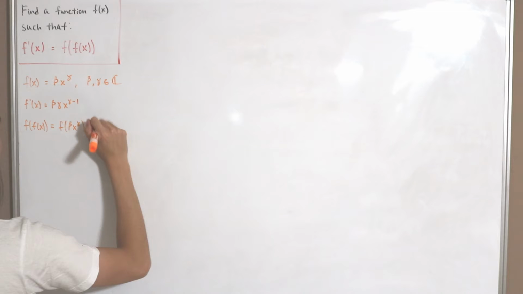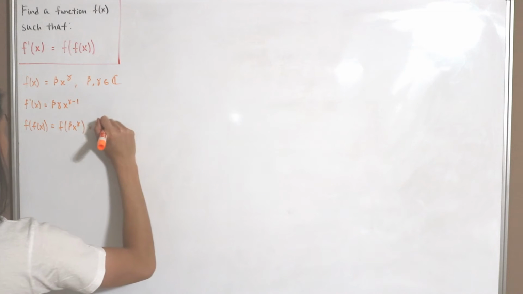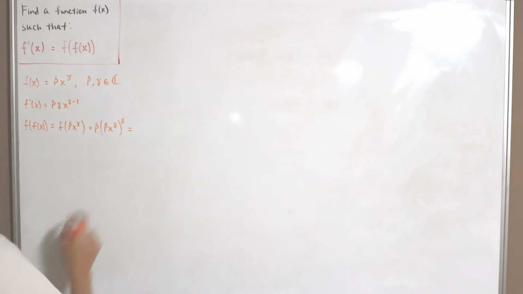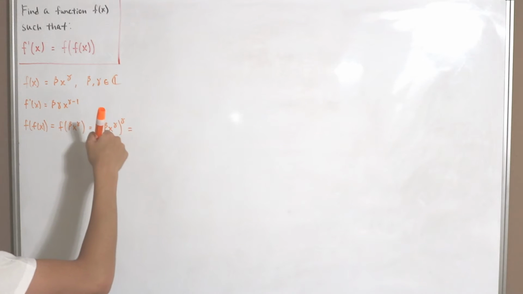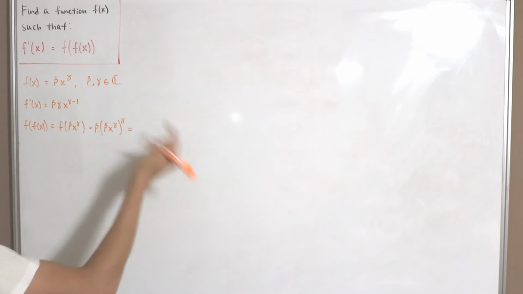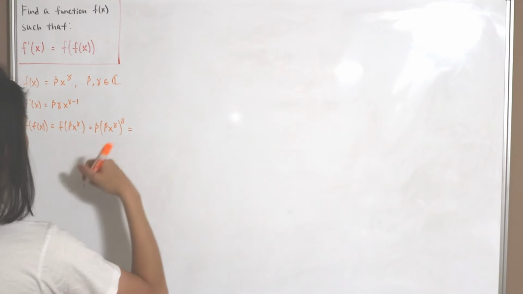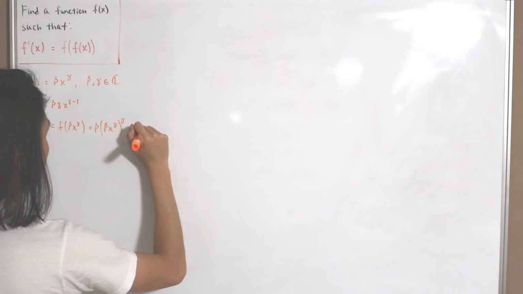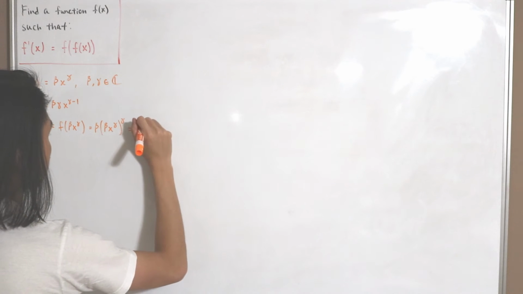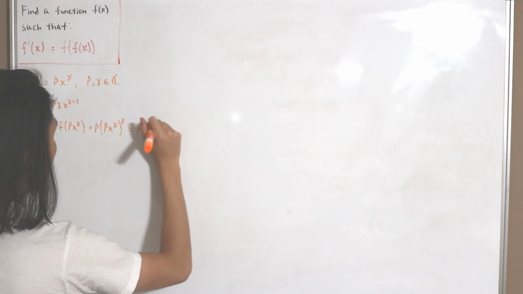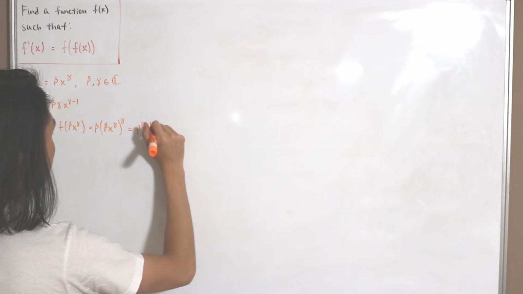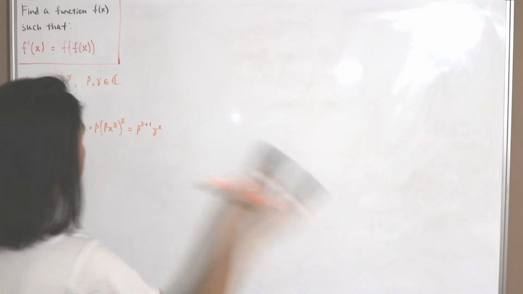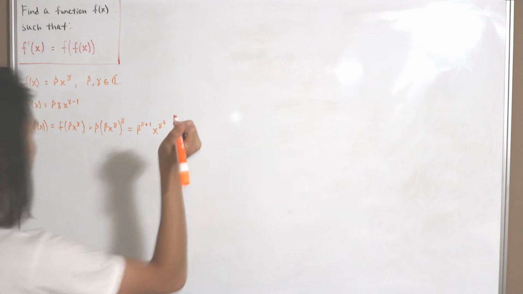So that will just be beta, then put this input back over here, and then to the power gamma. So we show the work: we have beta to the power gamma, and then x to the gamma, and then multiply with the gamma for the exponent, so it's gamma squared. Then multiply with the beta on the outside, so we have beta to the power gamma plus 1, and then x to the power gamma squared.